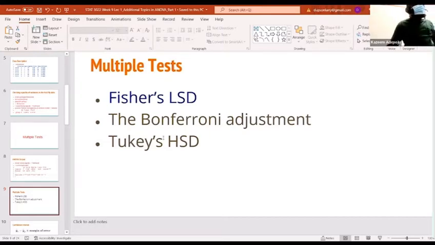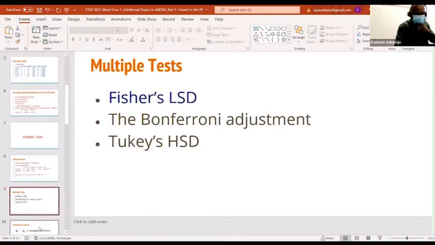If I really want to investigate where the difference lies, we can construct the confidence interval, and that would be a simultaneous confidence interval, because depending on the number of comparisons, if I have 10 comparisons, the number of confidence intervals will be 10. And the number of p-values will also be 10, because at each test, we're going to take a decision.